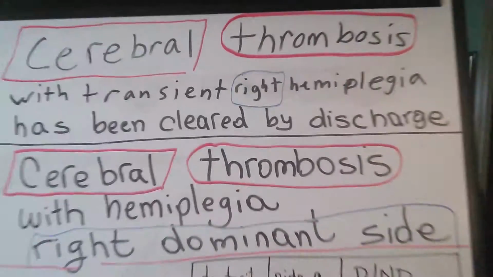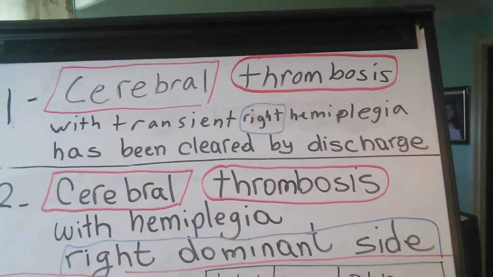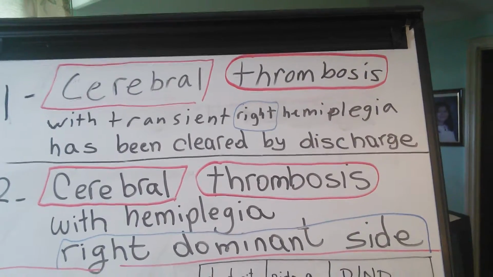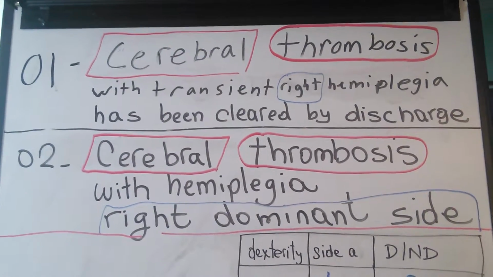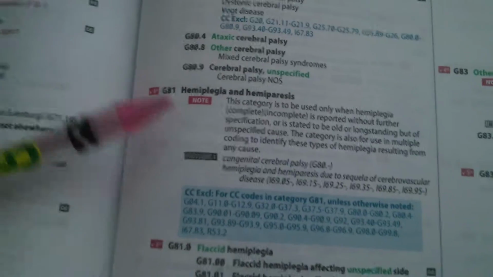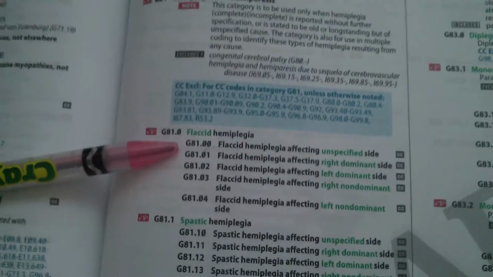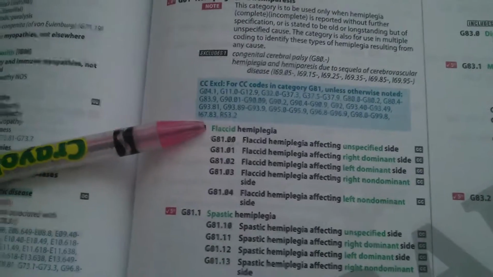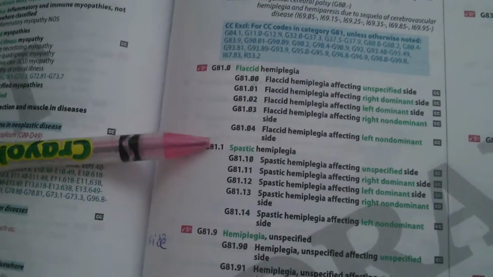Now, what do we have? In the first one, we have transient hemiplegia that has been cleared by discharge, right? In the second one, we just have hemiplegia. So let's see if the transient and has been cleared by discharge makes any difference. We go to the category and see what words are important in the category. The first would be flaccid hemiplegia. Yeah? Go there. Flaccid hemiplegia. Do we have flaccid hemiplegia? No. The second would be spastic hemiplegia.